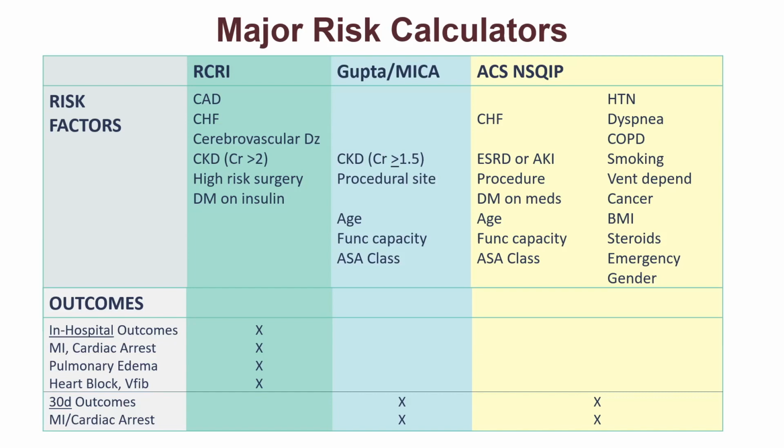And then they have something about diabetes in 2 of them and stroke in 2 of them. What's different, you need to know, is in the outcomes. The RCRI only looked at in-hospital outcomes, and not only MI and cardiac arrest, which is what the other 2 included, but also pulmonary edema, heart block, and VFib. The outcomes for the MICA and the ACS NSQIP calculator are 30-day outcomes and only looked at MI and cardiac arrest.